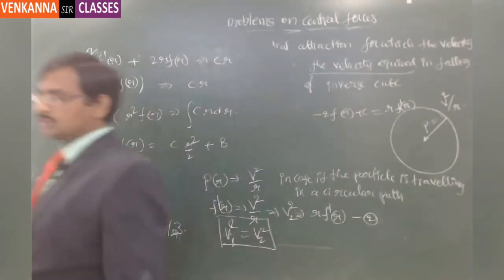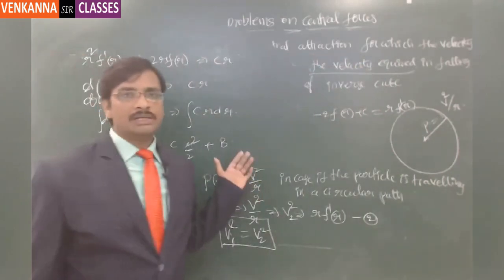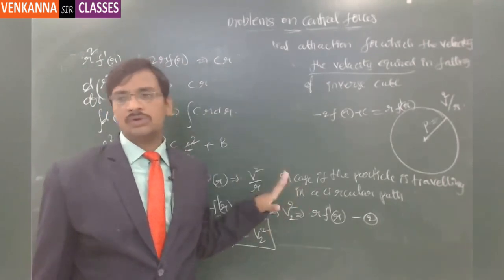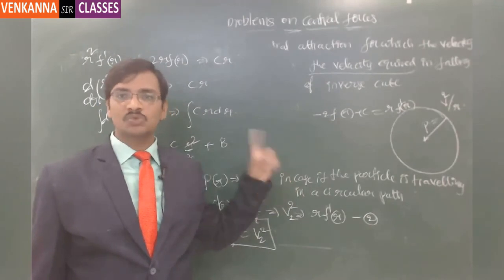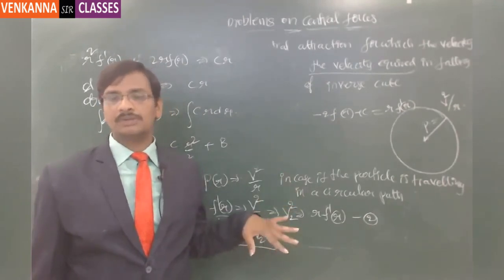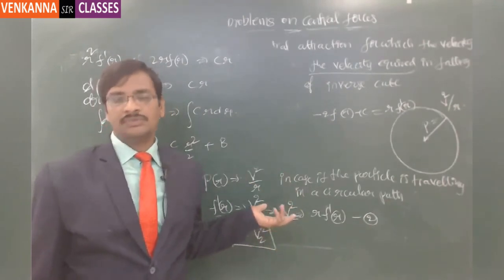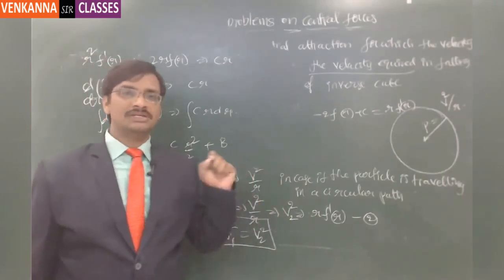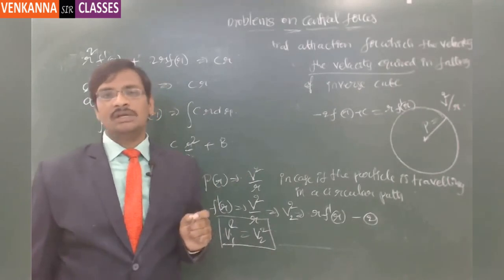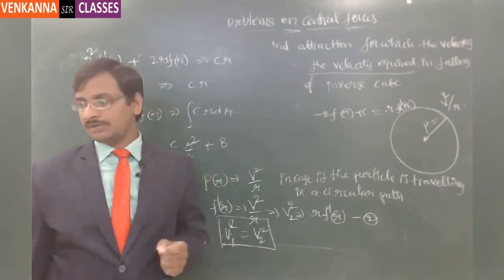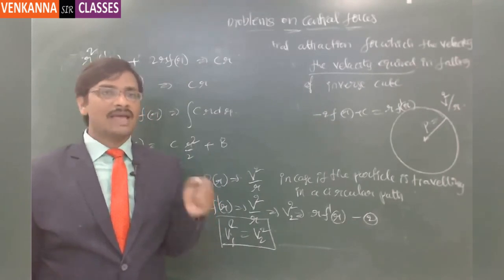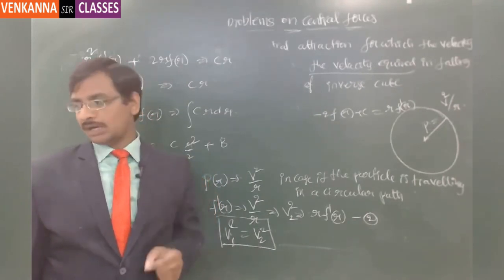The only thing is, when the particle is moving in a straight line from infinity, you get a certain velocity. When the particle is moving with central acceleration in a circular path, you get a certain velocity. Here we are equating these two, but the initial thing you need to understand is that the acceleration has to be a function of r, because when the particle moves in a straight line, the acceleration is a function of r.